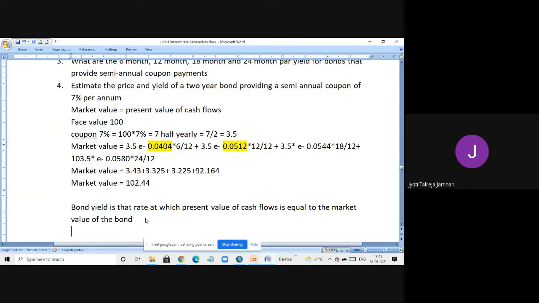Okay, so I know the market value, I've calculated it above, 102.44. So your present value of cash flow should be equal to that.